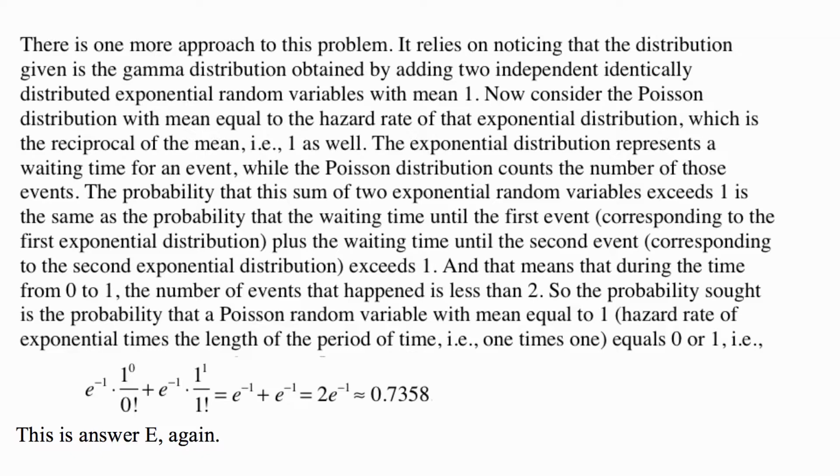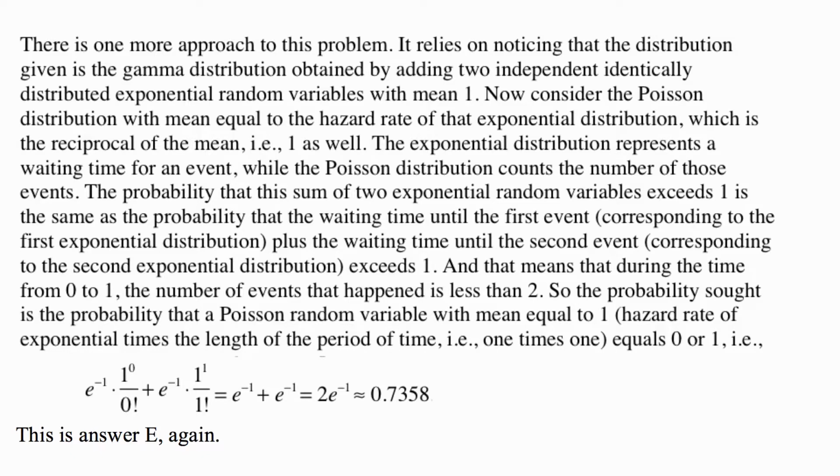So the probability sought is the probability that a Poisson random variable with mean equal to 1, which is the hazard rate of exponential times the length of the period of time, which is 1 times 1 in this case. But in general, you may have to multiply the parameter by the length of time. That's what you consider in Poisson processes, which are on later actuarial exams.